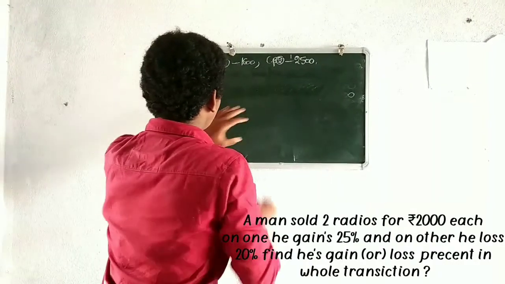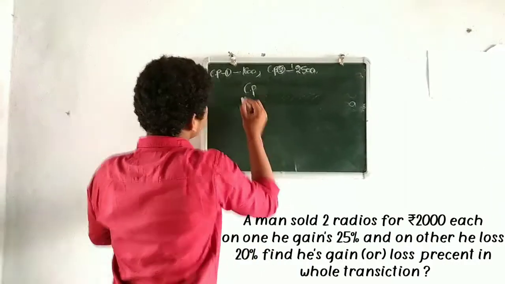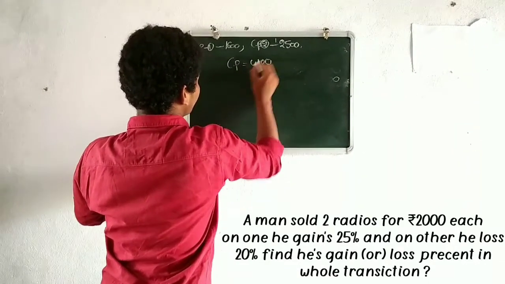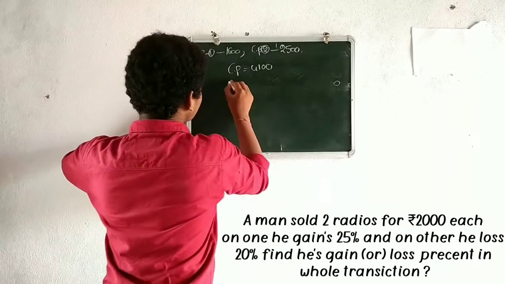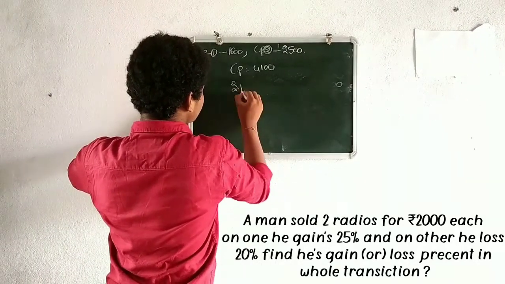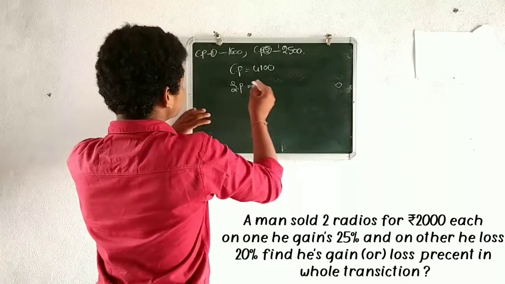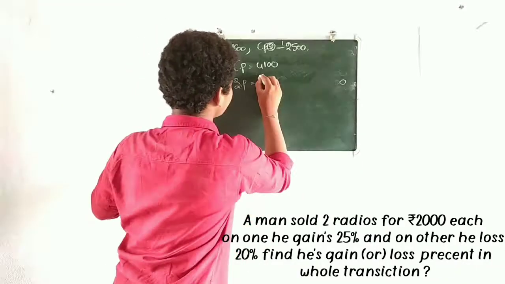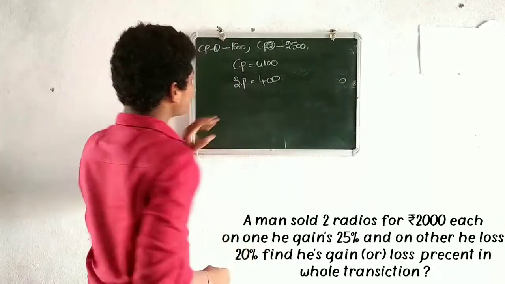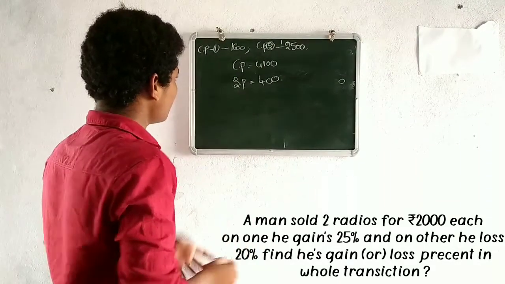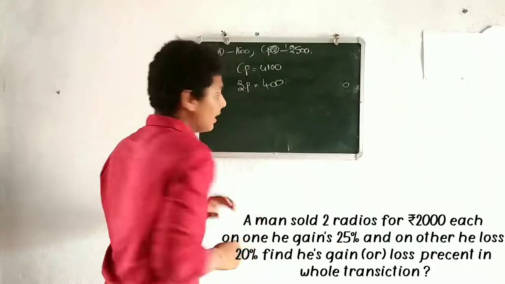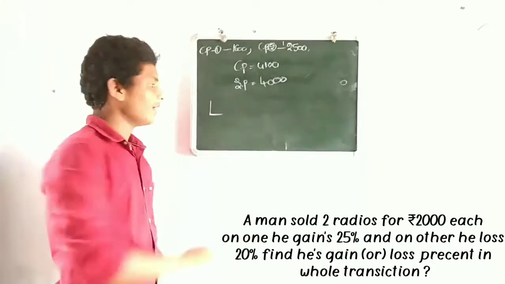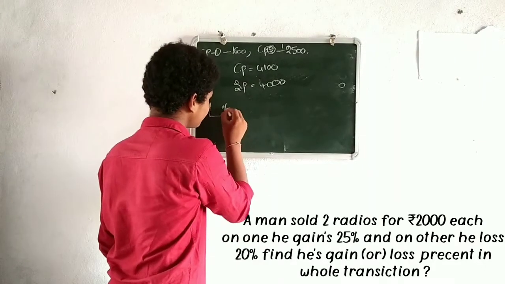His total cost price is 4100 and the selling price is 2000 each, so 4000. Now did he get a profit or a loss? He got a loss of 100. We have to find the loss percentage.